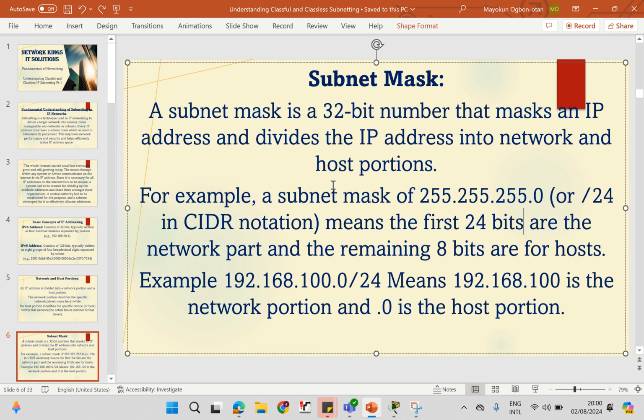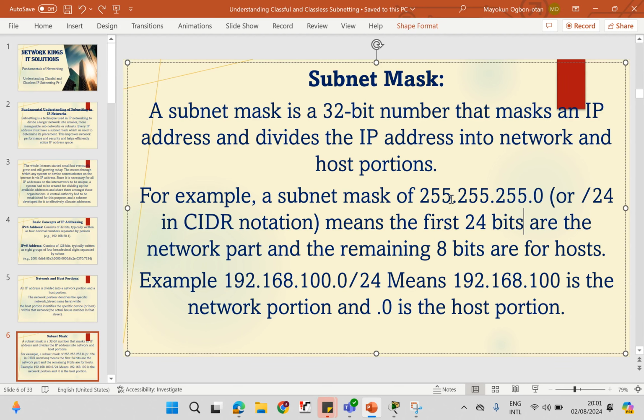So, in other words, with this subnet mask 255.255.255.0, the first three octets, 255.255.255, are our network portion, while the 0 is the host portion.